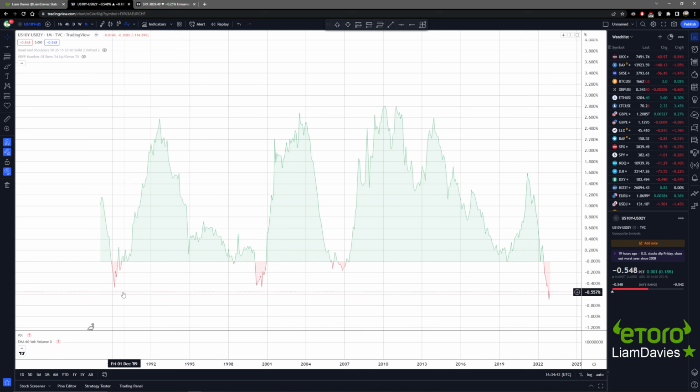So what does this mean? Realistically, this means economic downturn, recession. We've seen this repeated time and time again, but it basically means that governments are offering more money to investors for their short-term bonds than for the long-term bonds.